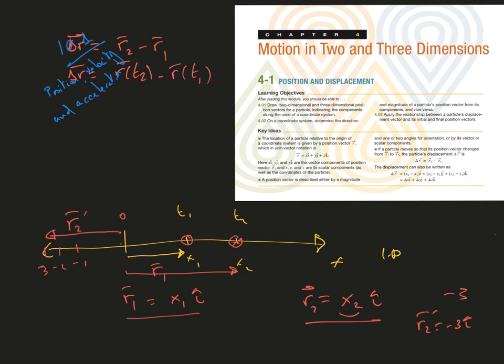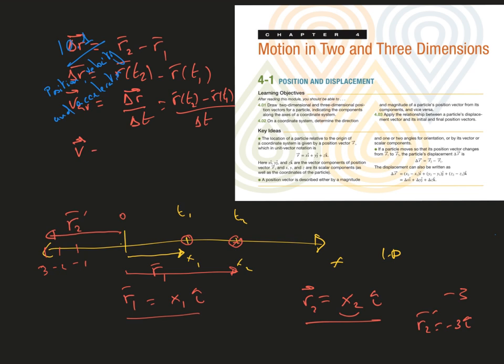We have done the average velocity, and the average velocity is the change in the vector per unit of time. So it's the vector r at the time t2 minus the vector r at the time t1, divided by delta t. We have done also the instantaneous v.